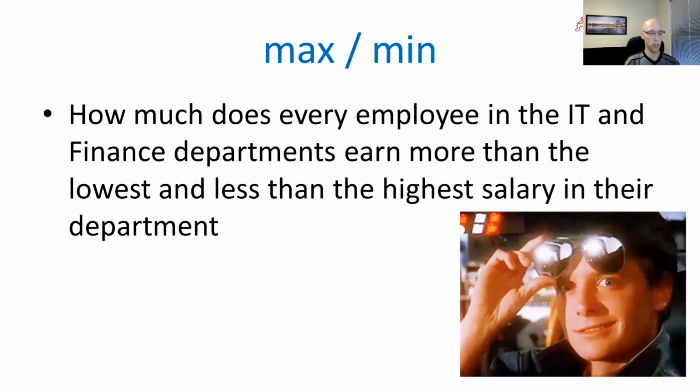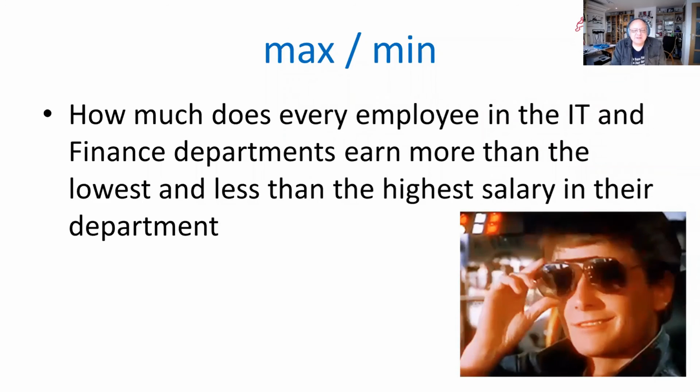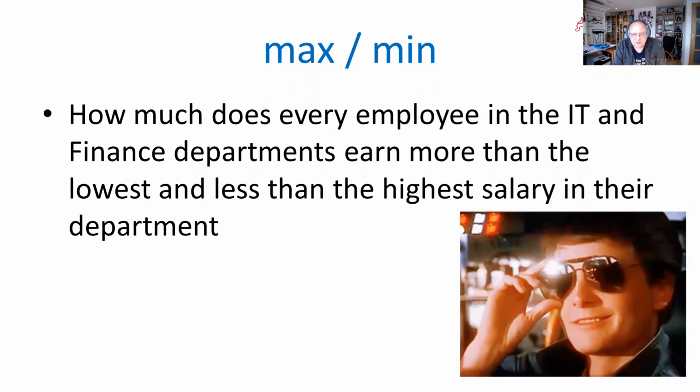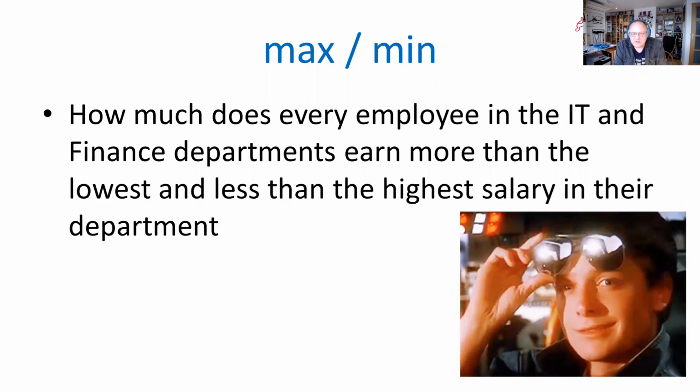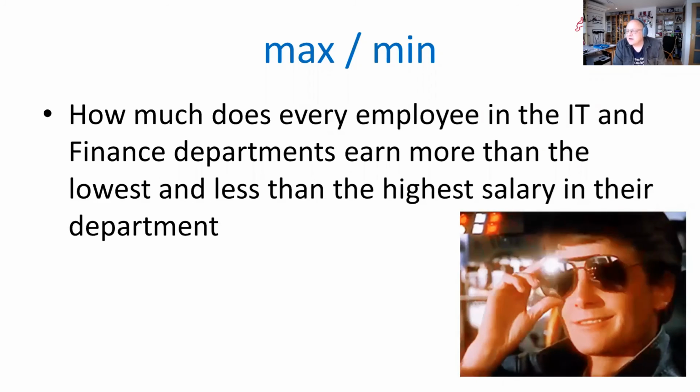Okay, and I think we're going to have to speed up a little bit because we are almost out of time. So in this case, max min, I want to know for the IT and the finance departments, how much every employee earns more than the lowest salary in their department and less than the highest salary in their department.